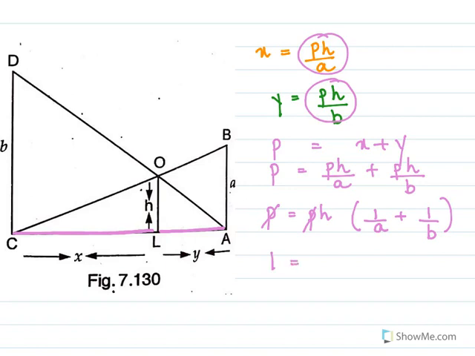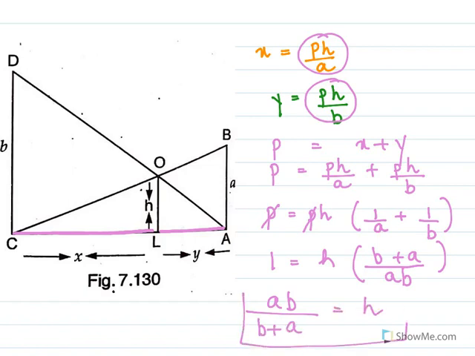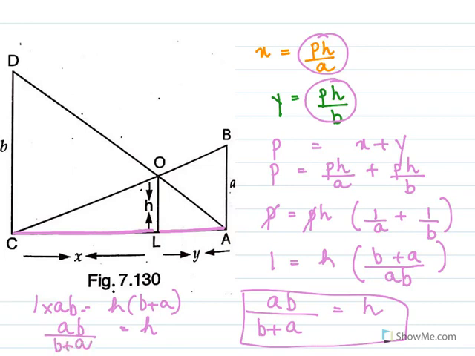So now I will have 1 equal to H. I take LCM. AB is LCM, so B plus A. So I will take AB on this side and I take B plus A equal to H. And I have proved it. I've just cross multiplied. Let me do that again. So 1 into AB equal to H into B plus A, right? So your H will be AB over B plus A.